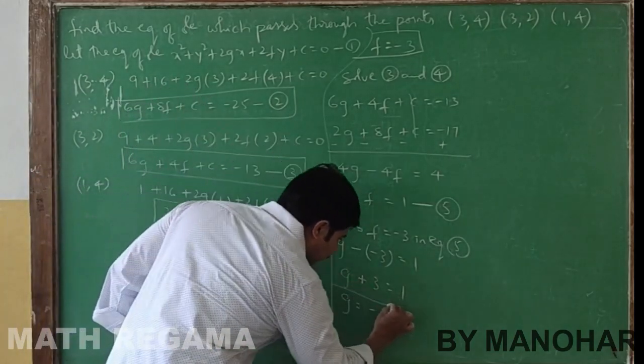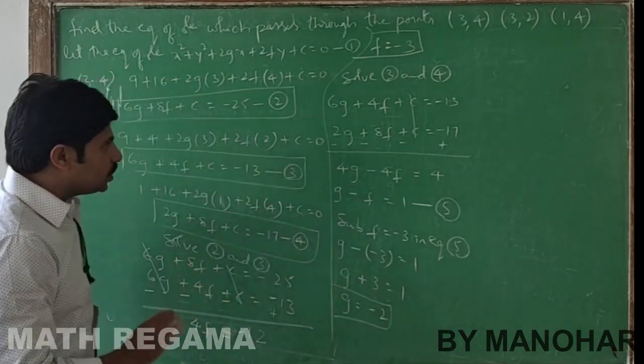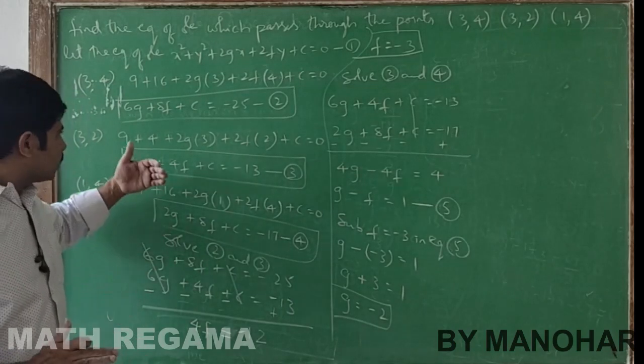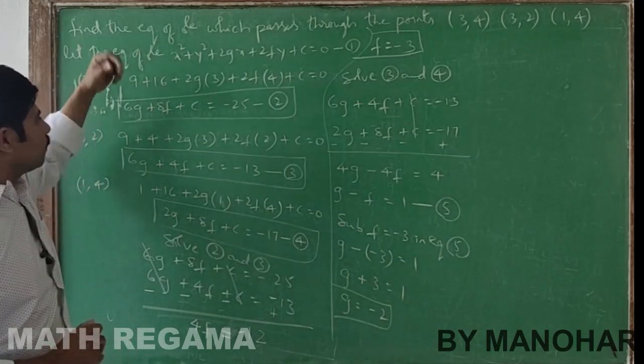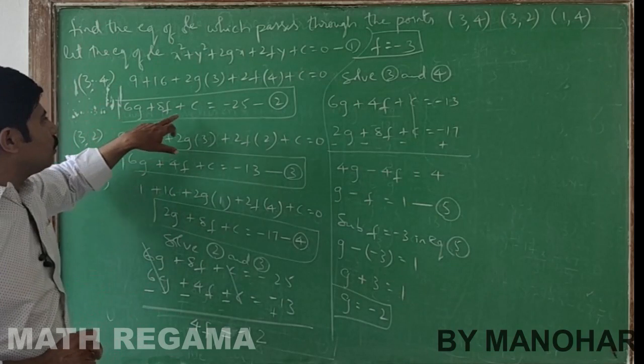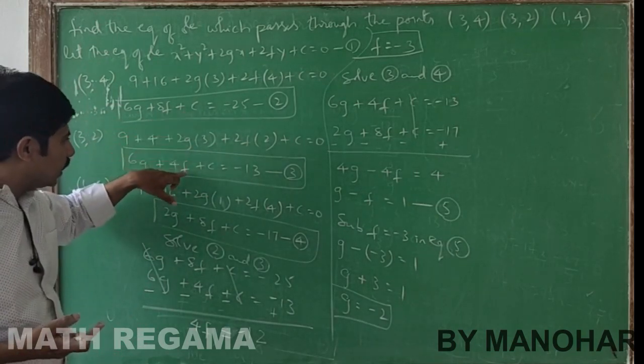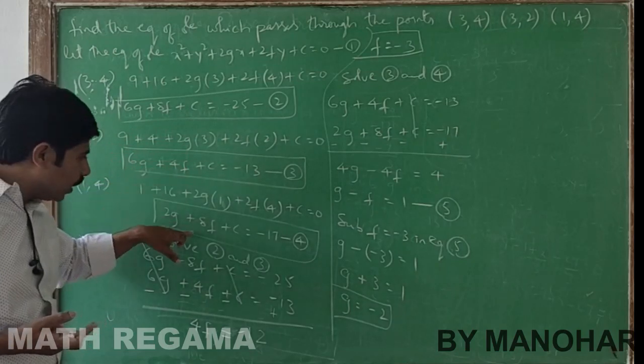Now we also have the value of g. We have g and f. Now we need the c value. You can substitute g and f in 2, where you have c, or you can substitute in 3, or in 4.